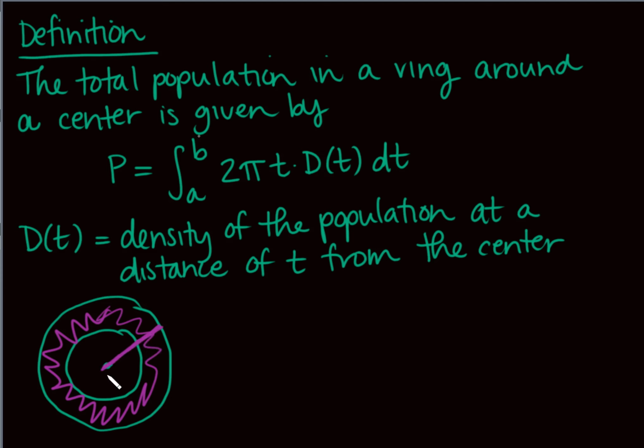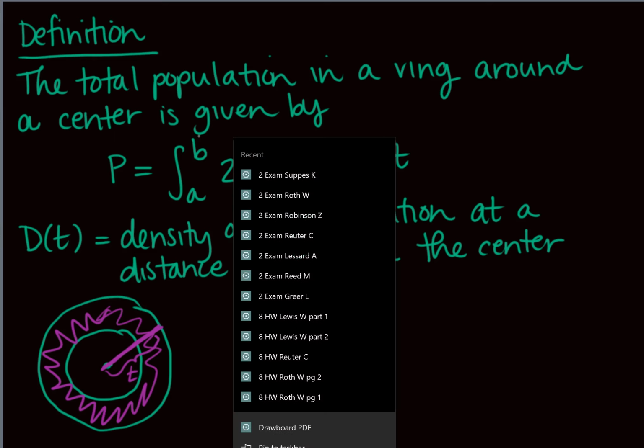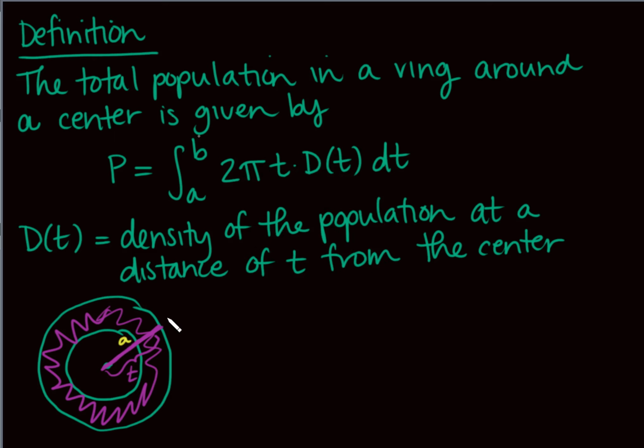So it will include every single value. This is what the integral does for us, which is so awesome, it allows us to take every single value of t, and then these bounds tell us where we want to take those values. So if this is my a and this is b, then what this integral does is it just grabs every single t between a and b. I love that about integrals.